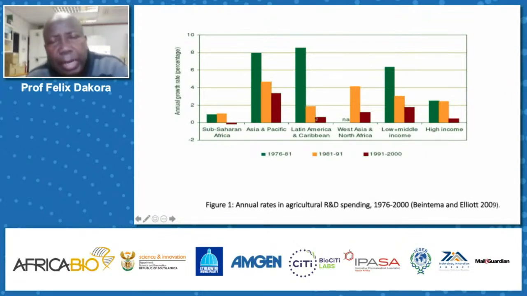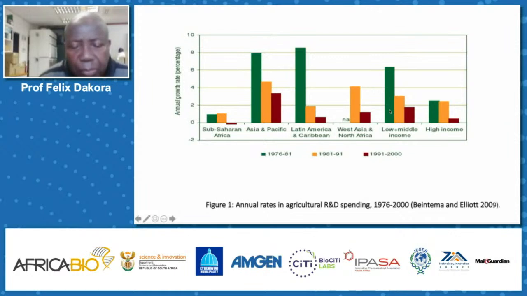If you look at that slide, you see that you have different regions: Sub-Saharan Africa, Asia and Pacific, Latin America and Caribbean, West Asia and North Africa, low and middle income, and high income. What is striking is that the green, which represents 1976 to 1981, there was better funding globally for research.